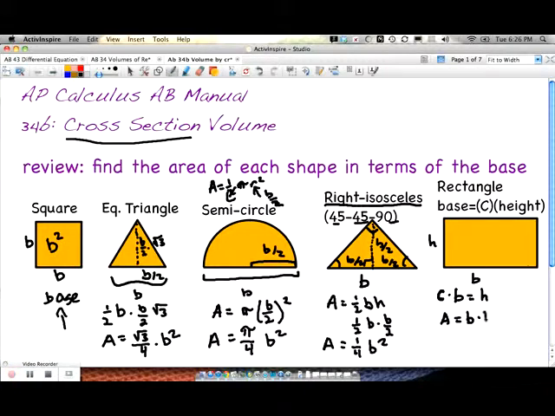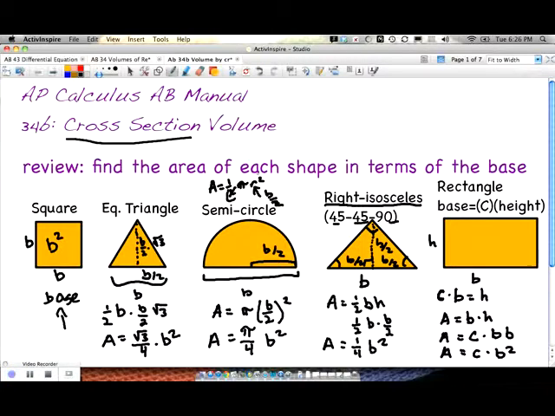Well, we know that the area equals the base times the height. But if the height is the base multiplied by a constant, then it's really just that constant times the base times the base. So the area equals the constant times base squared.